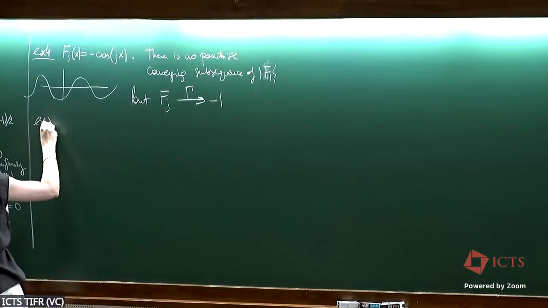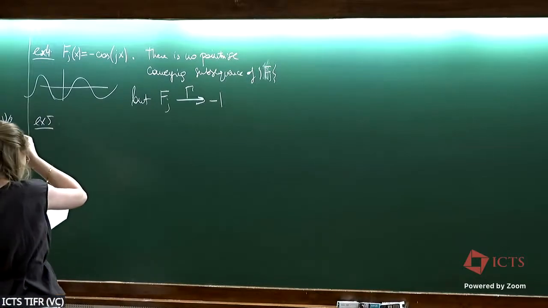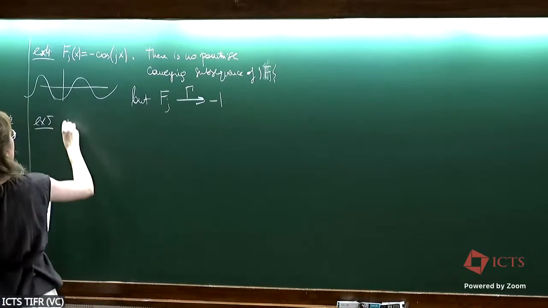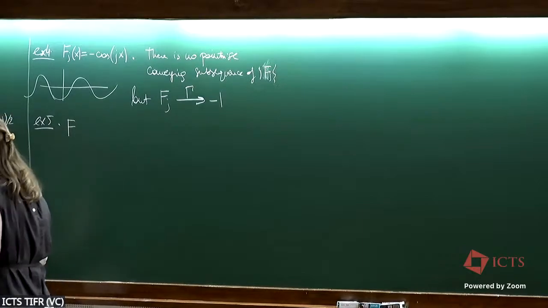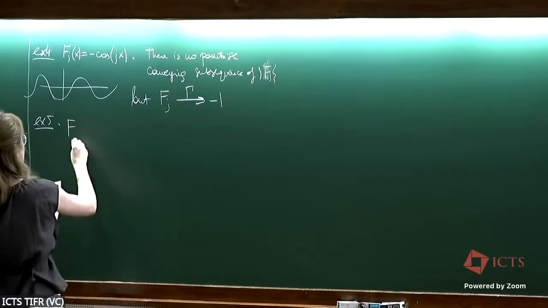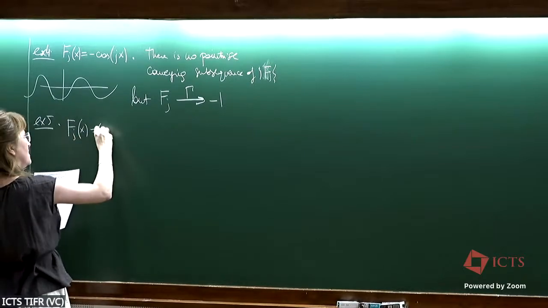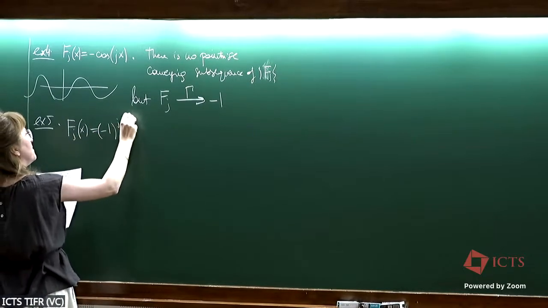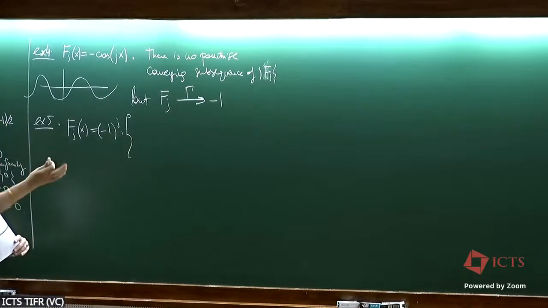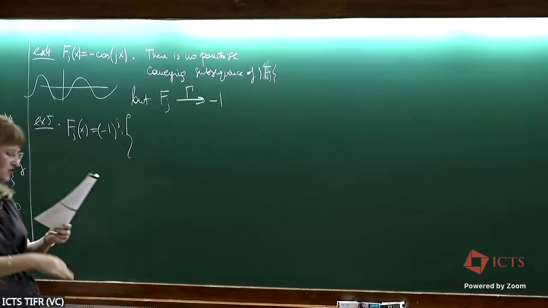And example 5. So a negative example, when I don't have a gamma limit. Define fj of x as follows. First, a prefactor minus 1 to the power j, so it's going to oscillate plus 1, minus 1.